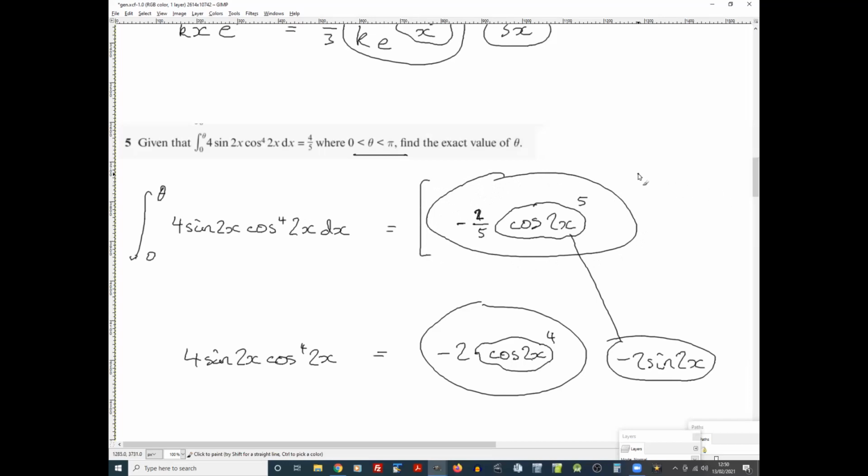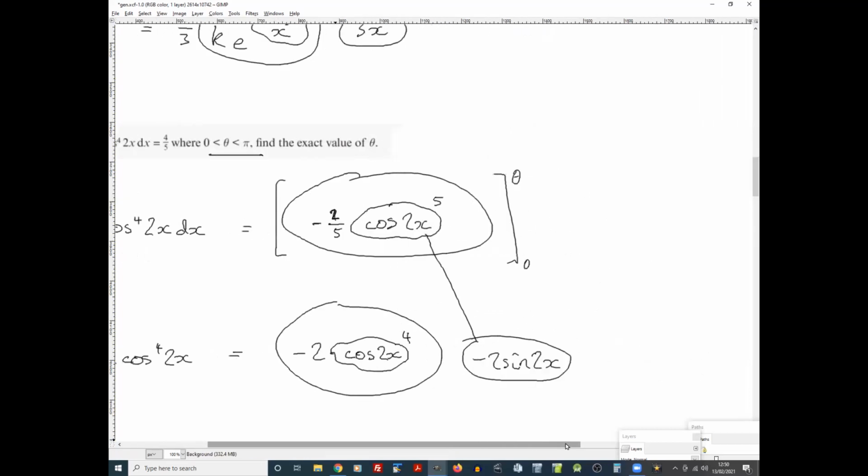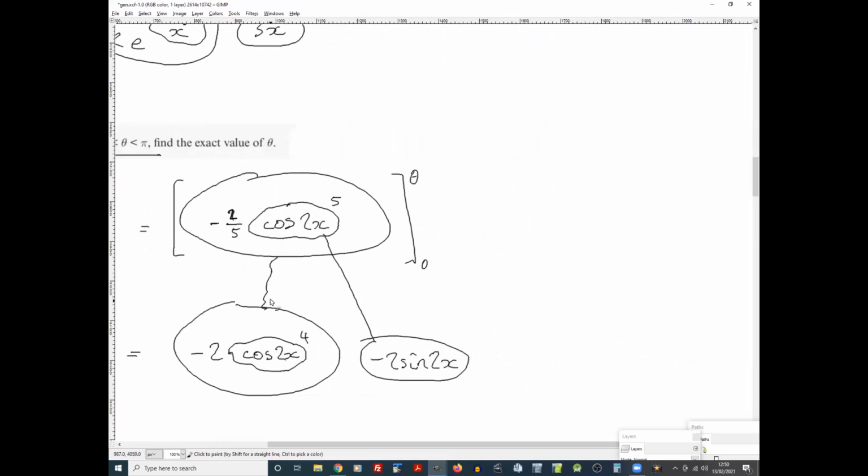So between 0 and theta, let's evaluate. So minus 2/5 cos 2 times 2, so that's just going to be 0, isn't it? No, I don't get you. Are you thinking of that as pi or something? Well, cos to the 0.